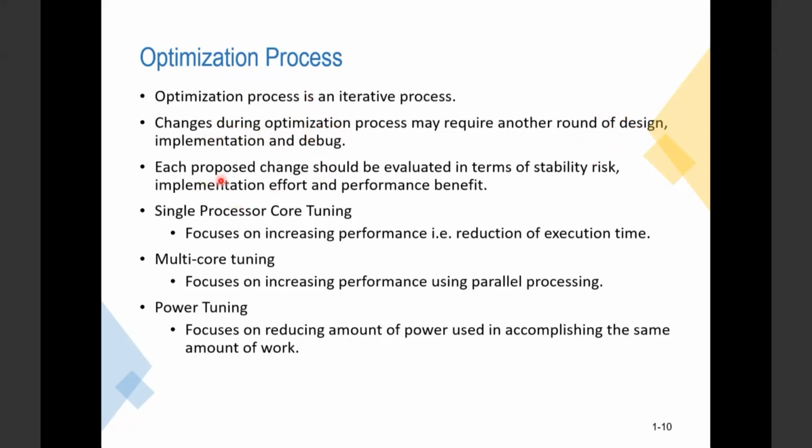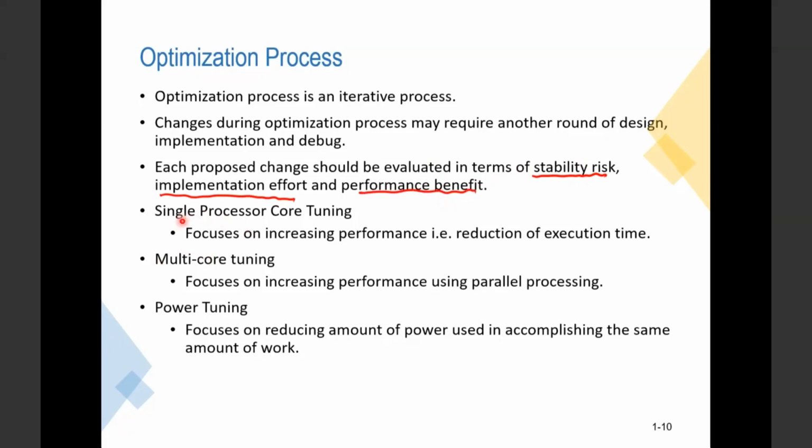So each proposed change should be evaluated in terms of the stability risk, implementation effort, and performance benefits. So you need to take these things into consideration before you make changes in the optimization process.